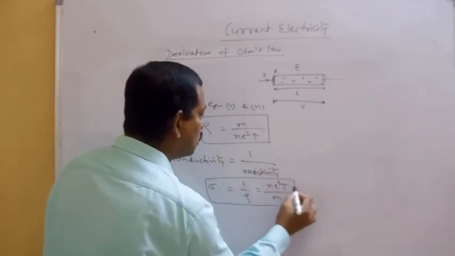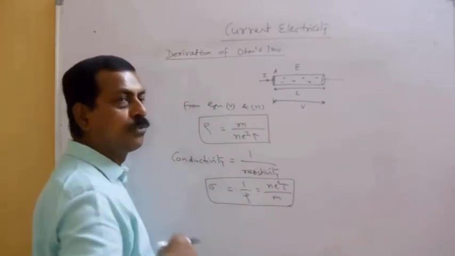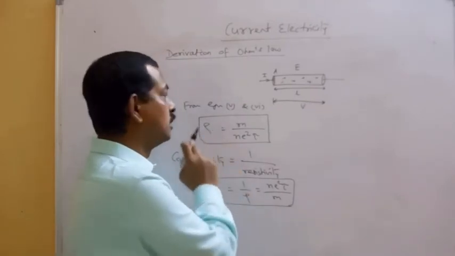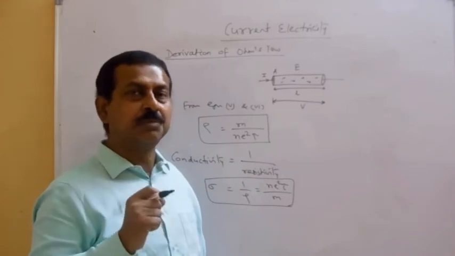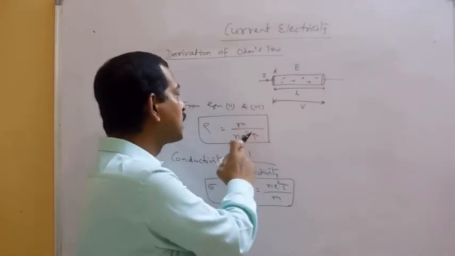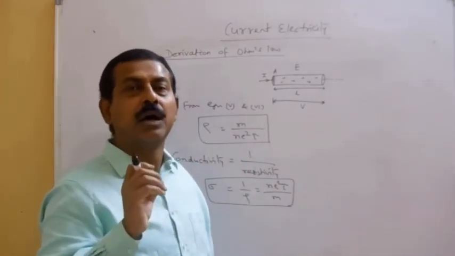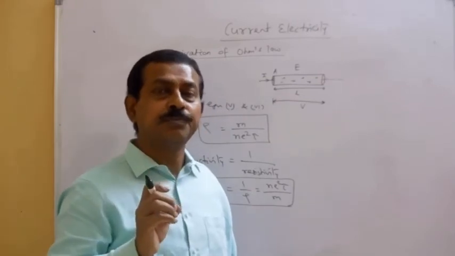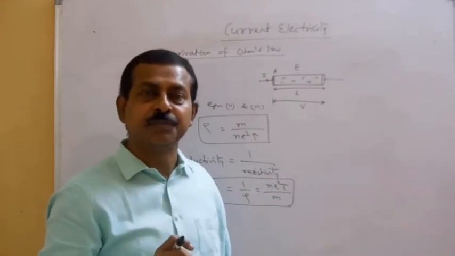This we can use to get the expression for conductivity. This is the expression for resistivity. So the resistivity of the material will depend upon the mass of the charge carrier, the charge of the charge carrier, and also on its number per unit volume, apart from the mean relaxation time.